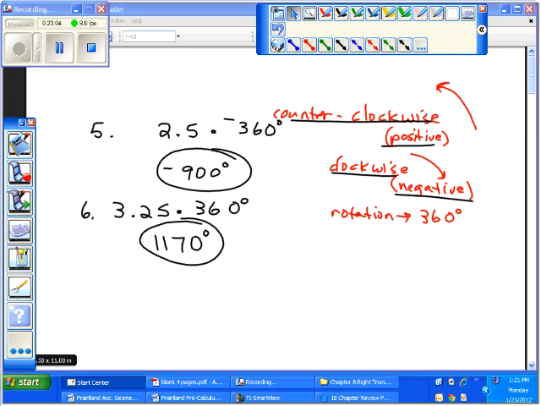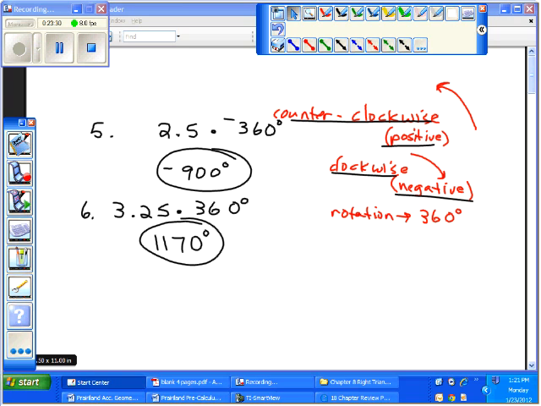Okay? So we're determining the degree of an angle based on its number of rotations and the direction of rotation. Any questions so far? I'll let everybody catch up. Everybody good there?